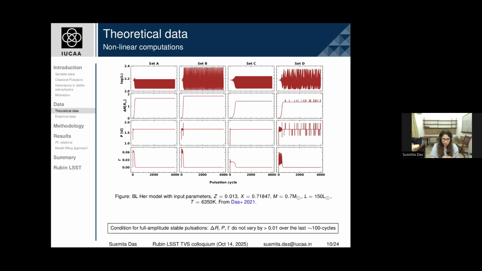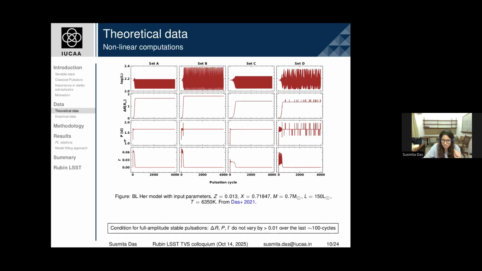For this, what we do is we look for the condition for what is called full amplitude stable pulsations. So numerically, that translates to delta R, which is the change of radius from one cycle to another. So we had computed over a total of 4,000 pulsation cycles. After that, we check over the last 100 cycles and we check, is delta R varying by more than 0.01?